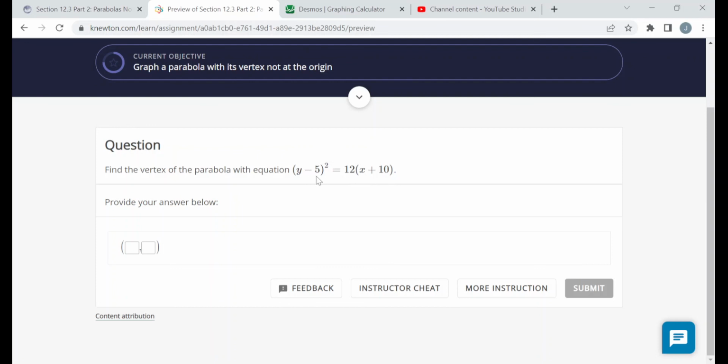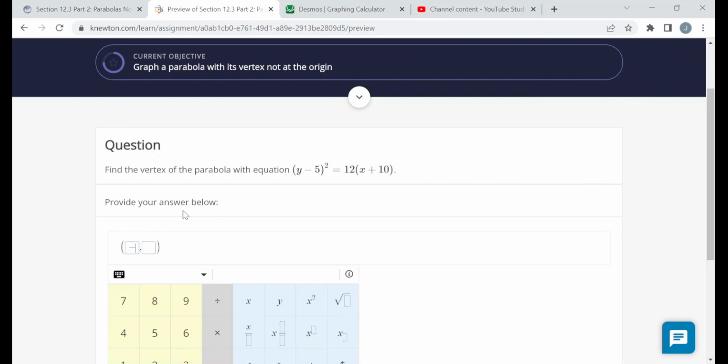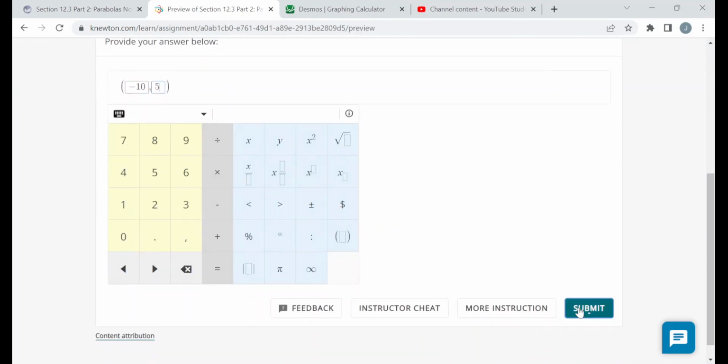This is in that y minus k squared equals 4p times the quantity x minus h. So the x-coordinate of the vertex would be -10, right, because x plus 10 is x minus -10, and the y-coordinate of the vertex would be 5. So the vertex would be (-10, 5). That simple.